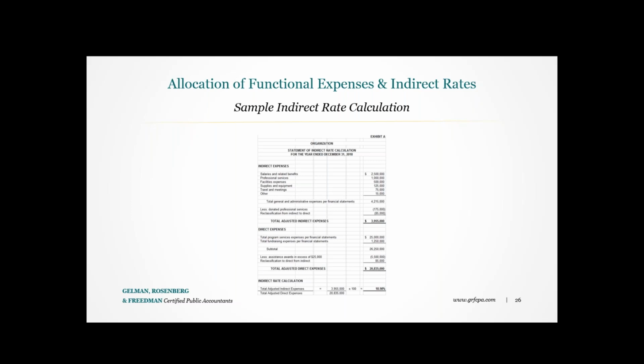There could be other costs, such as in-kind or donated services, that need to be removed because they're not actual cash expenses. There could also be an opportunity for organizations that have outgoing grants to other organizations, assistance awards in excess of certain amounts. In this illustration, we have $25,000 as the threshold, but there are organizations that have negotiated different thresholds with the U.S. government.